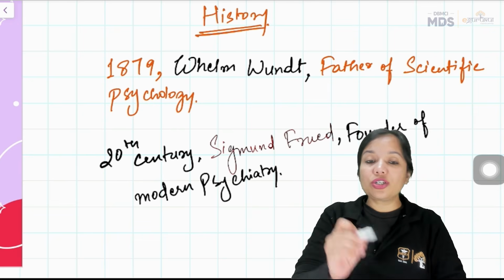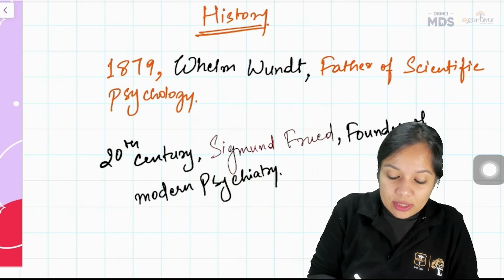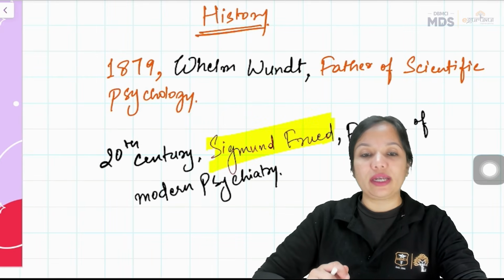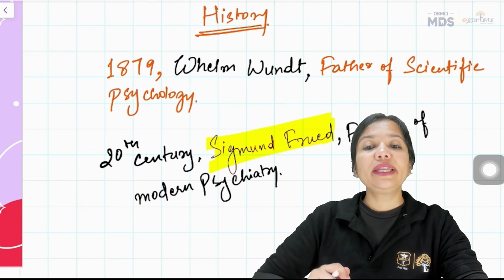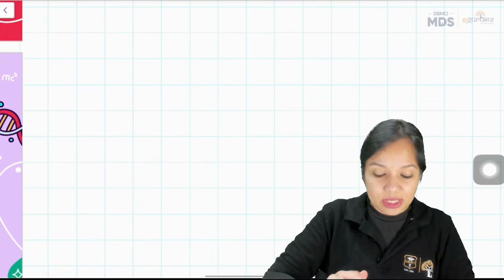Okay, so you must remember who was the founder of modern psychiatry. He was Sir Sigmund Freud, the founder of modern psychiatry. Right? Let us now very quickly brush through a couple of important definitions.